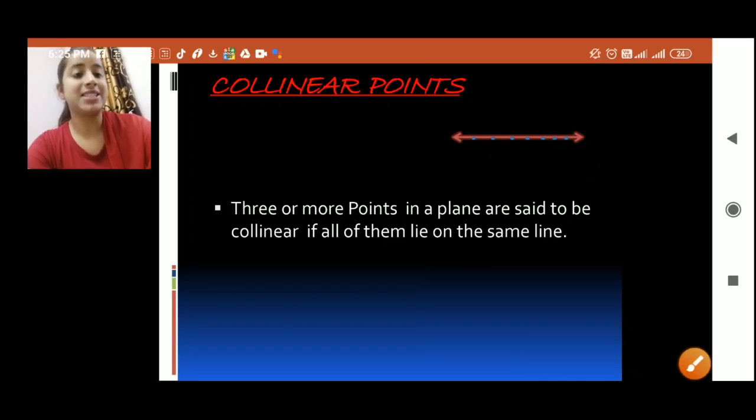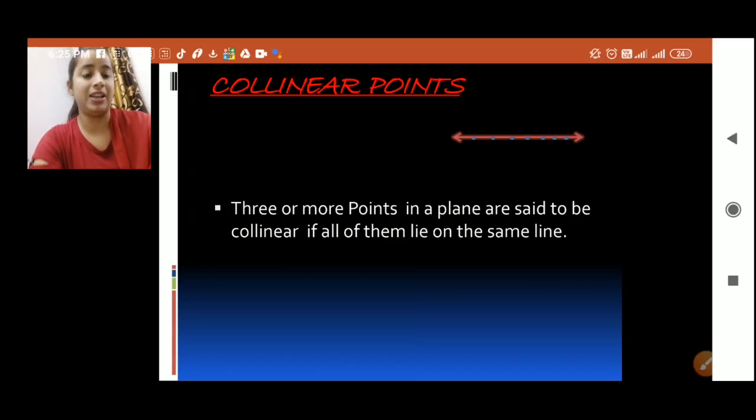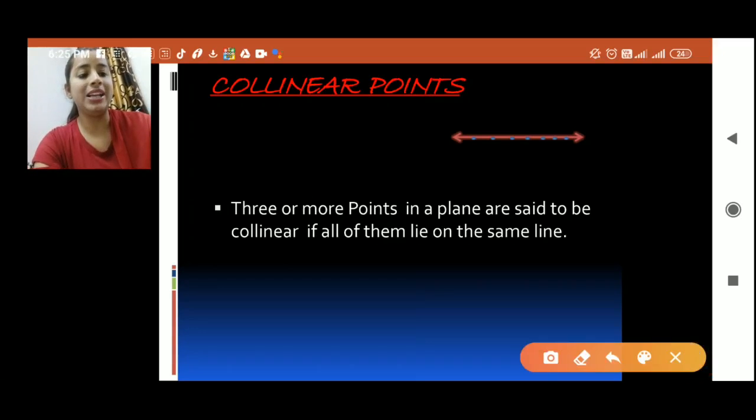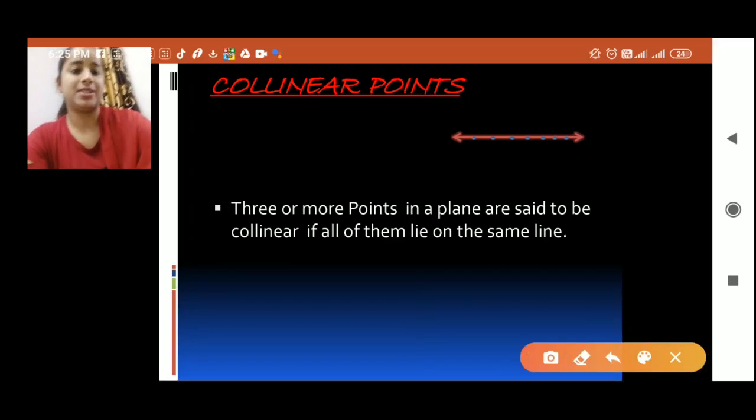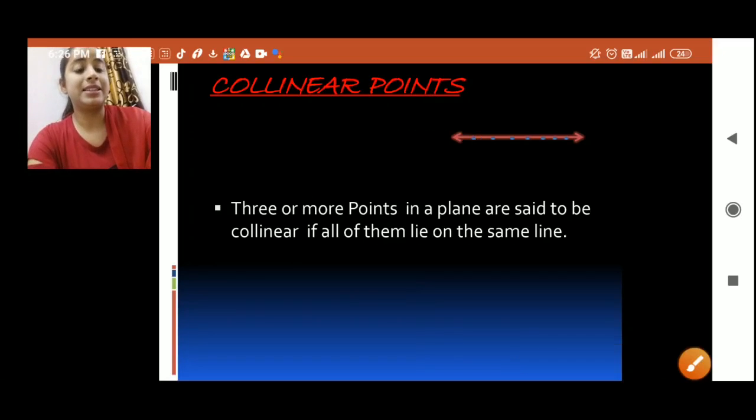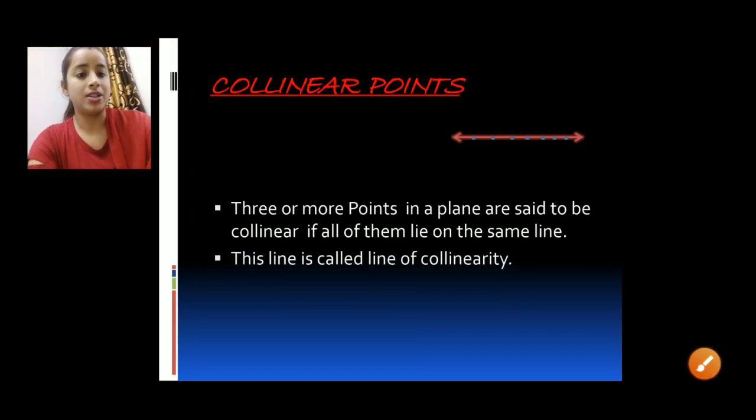There are a total of 7 points and they are all lying on the same line. So when three or more points lie on the same line, they are known as collinear points. And this line is called the line of collinearity.